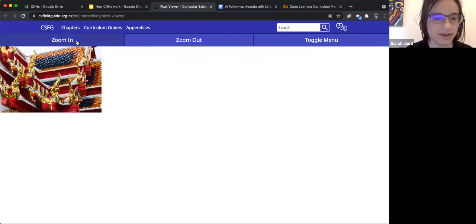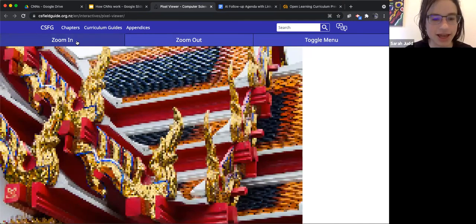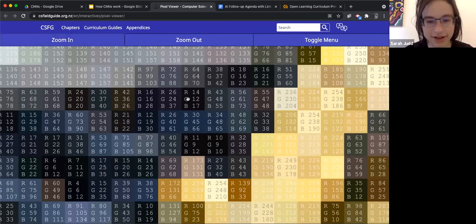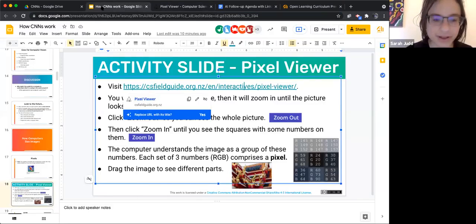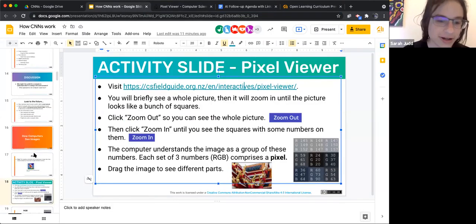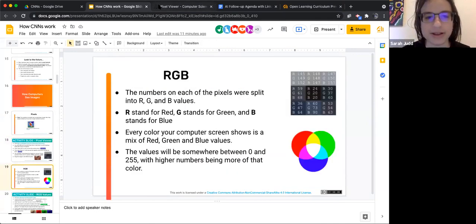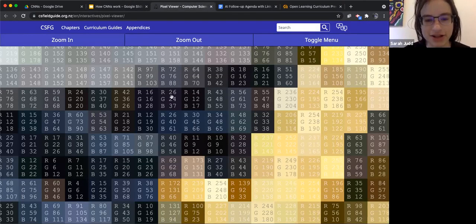But if you zoom in, you can tell that this pretty normal image is made up of a bunch of squares. And eventually, if you zoom in far enough, those squares have numbers on them. Those numbers are RGB values. The R stands for red, the G stands for green, and the B stands for blue.